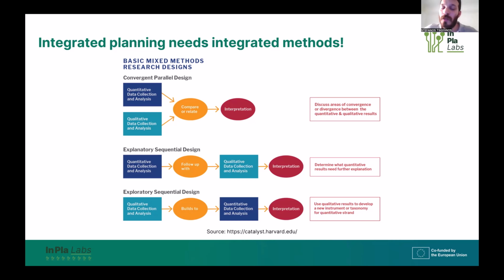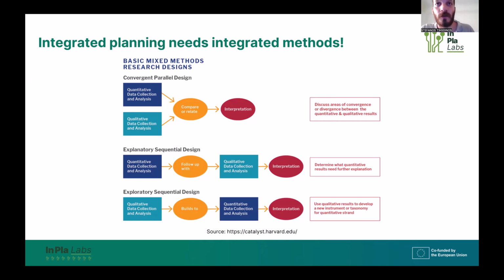Another one is if we try to seek an explanation of something. So we have this explanatory sequential design. We start from the quantitative data collection, and then we complement that with the qualitative. So it's quantitative first, followed up with a qualitative, and then we interpret that.